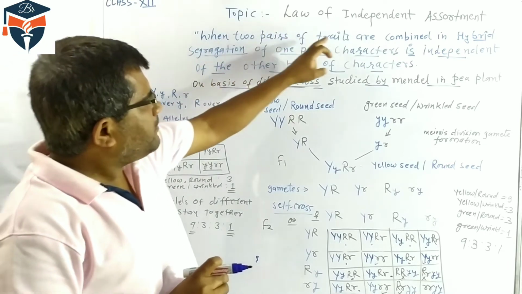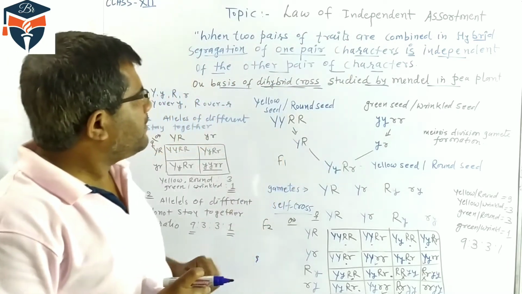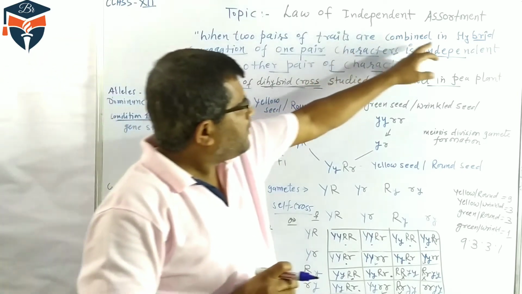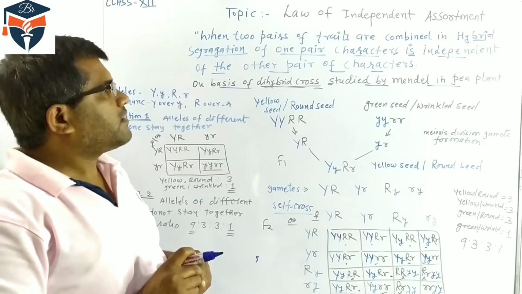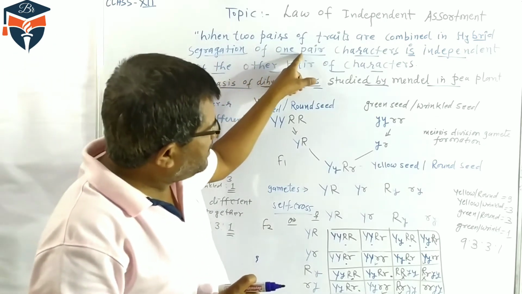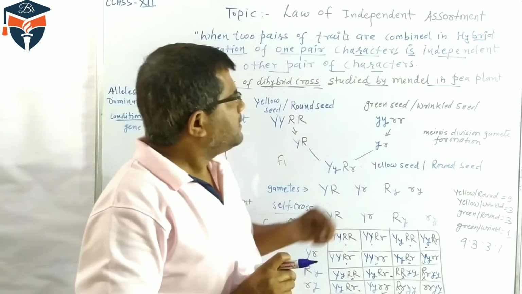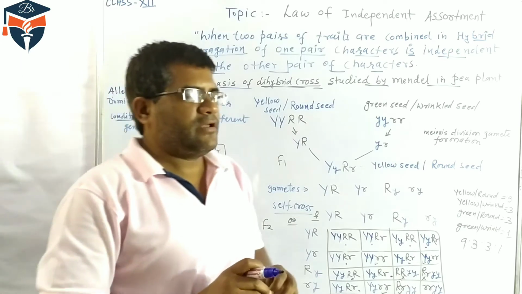When two pairs of traits are crossed, one pair and another pair, and combined in the hybrid, segregation of one pair of characters is independent of the other pair of characters.